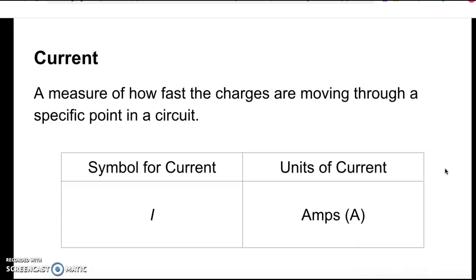Okay, so sometimes the current in a river, the water moving in a river, can be very strong. That means the water is moving very fast. But sometimes the current can be very low, so that means the water is moving very slow. Well, we use this exact same word, current, to describe how fast the charges are moving in a circuit.